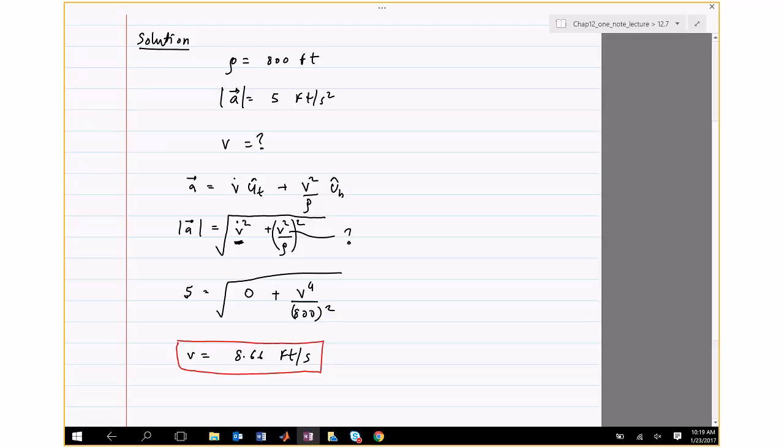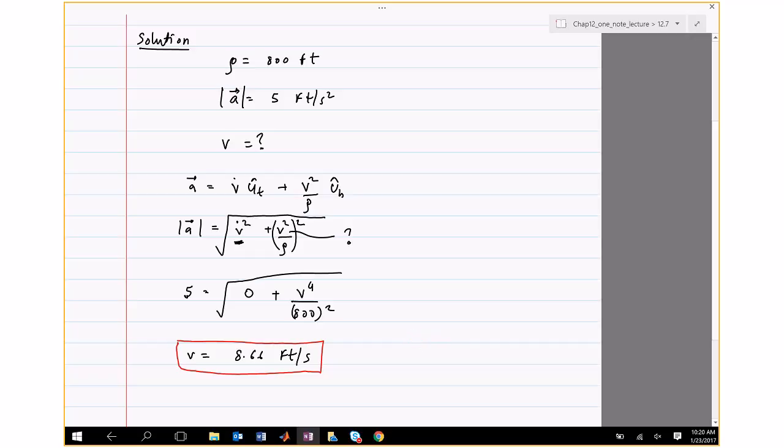Any questions? Yeah. In the book, it says the magnitude of the acceleration is the square root of at squared plus an squared.